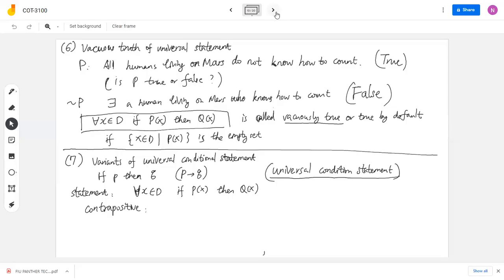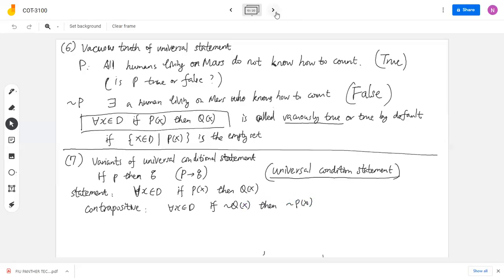So the contrapositive is: for all x in D, if not Q(x), then not P(x).